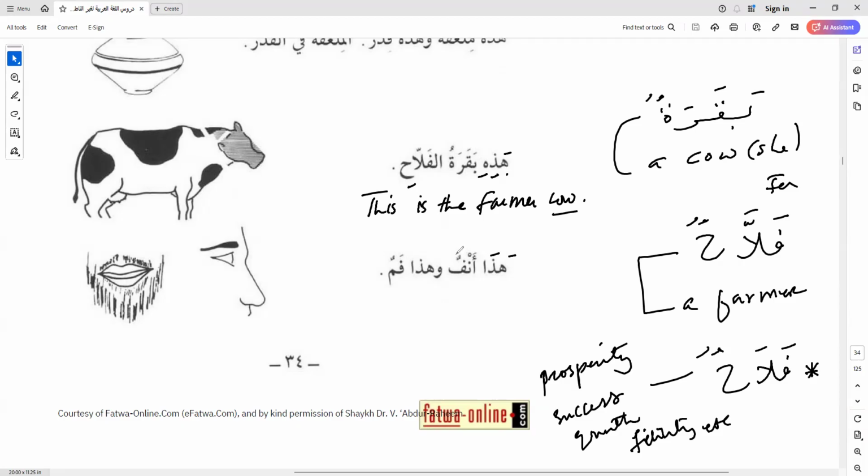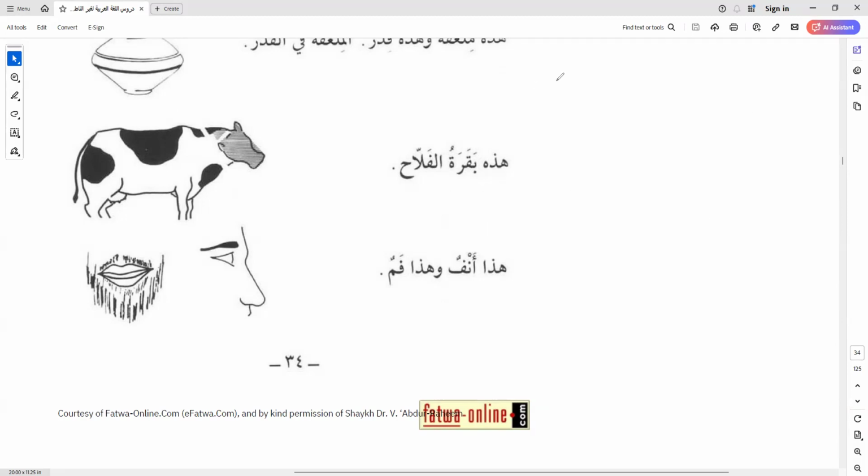هذا أنف وهذا فم. Now, I think this is going to be the fourth signification: body parts.